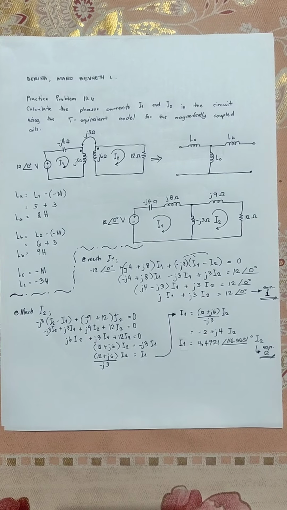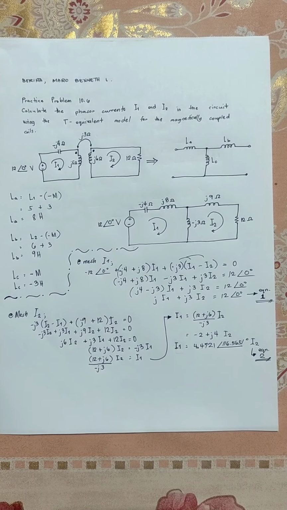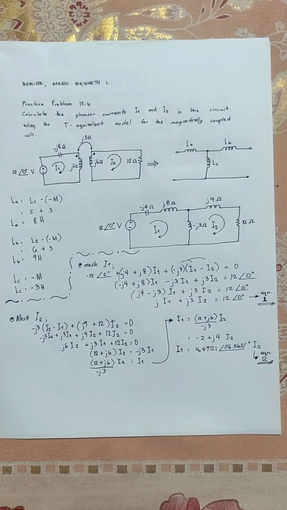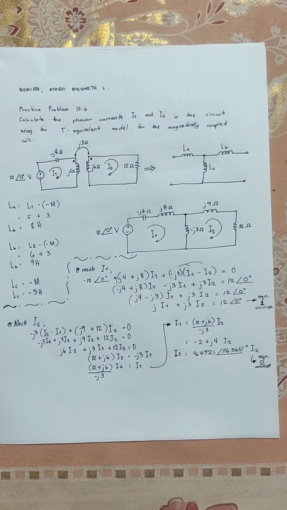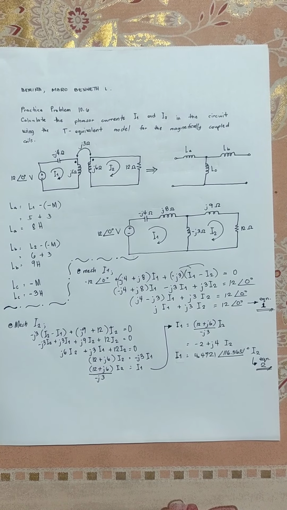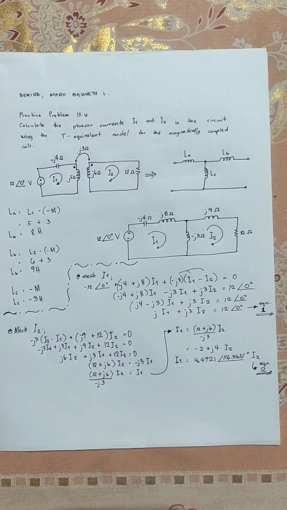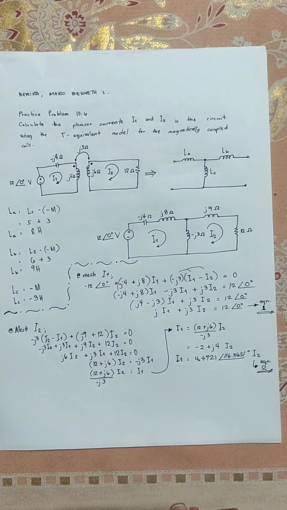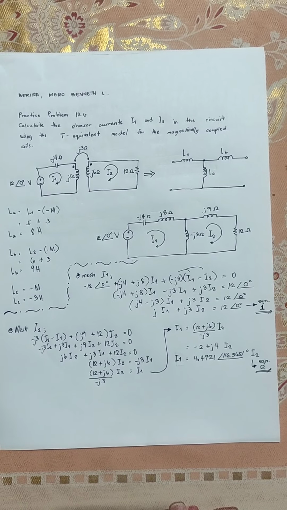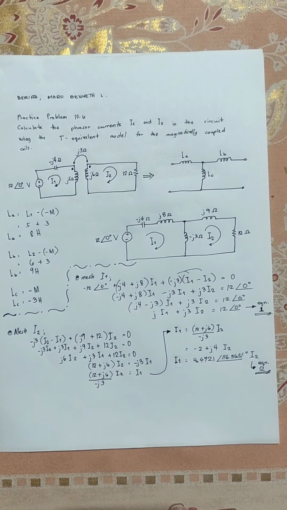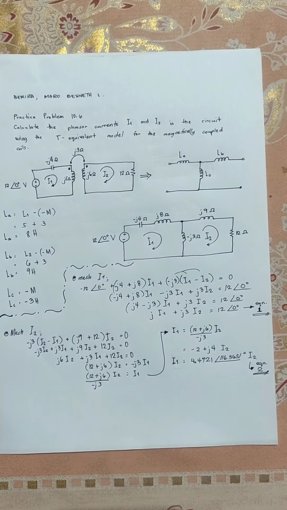For mesh I2, we have negative J3 times quantity I2 minus I1 plus quantity J9 plus 12 I2 equals 0. We will distribute negative J3 to I2 and negative I1. We will distribute I2 to J9 and positive 12.